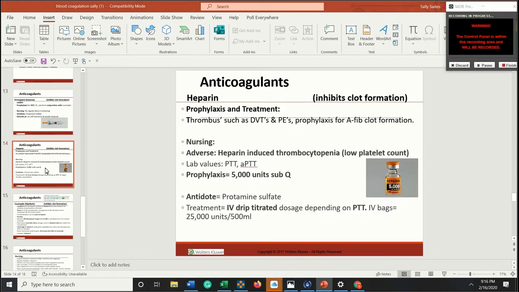So here's heparin. It inhibits clot formation, for prophylaxis and treatment. So it's prophylaxis just like the enoxaparin for DVTs, PEs, and for AFib clot formation. I will actually put a video on Google Courses for you to see how a clot is formed when someone has the arrhythmia of atrial fibrillation.